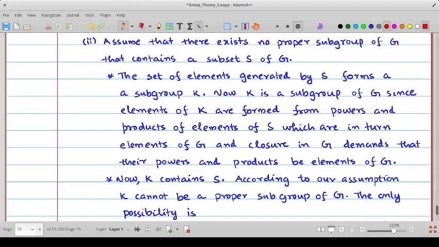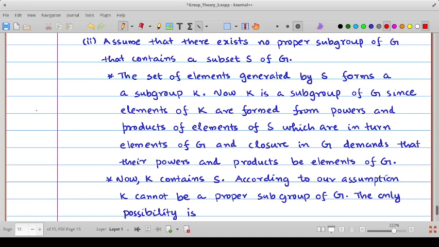Now S is a subset of G, and therefore all elements of S are elements of G itself. So the elements obtained by taking the powers of elements of S and by taking the products of elements of S among themselves are also elements of G, and therefore the set of elements generated by S is a subset of group G. So two points.